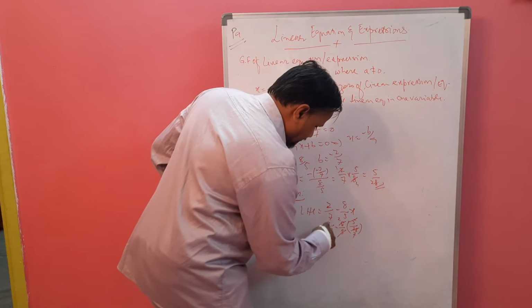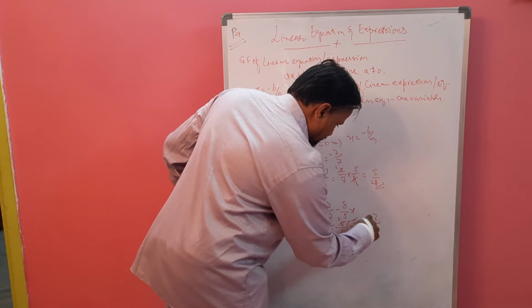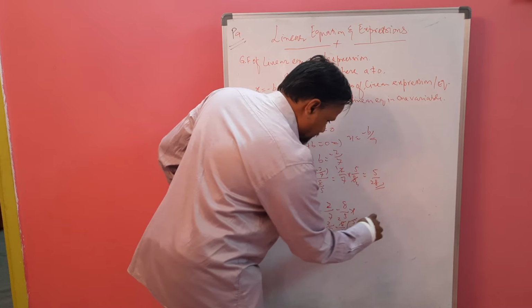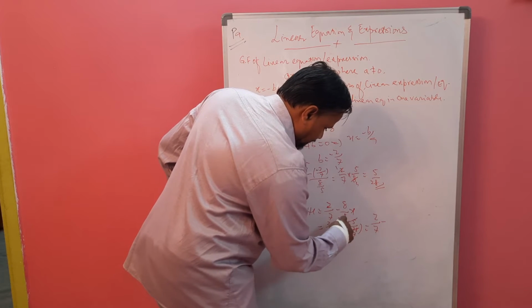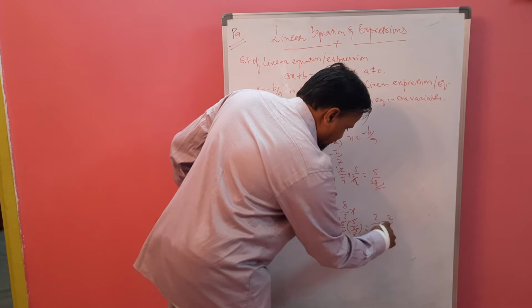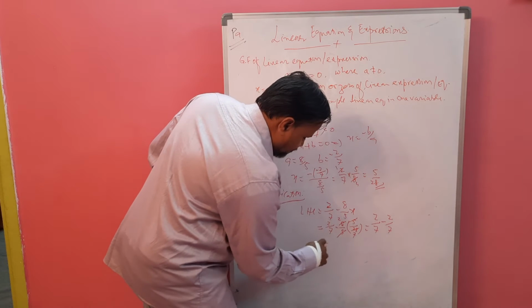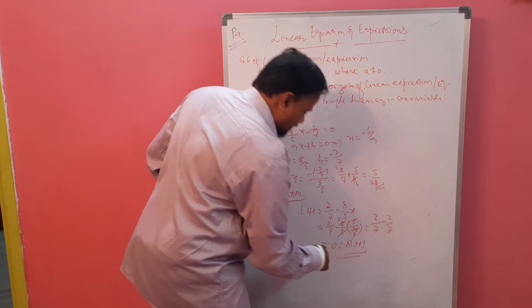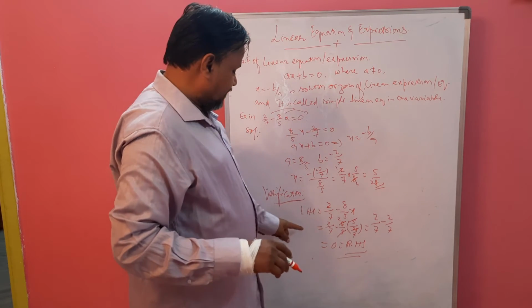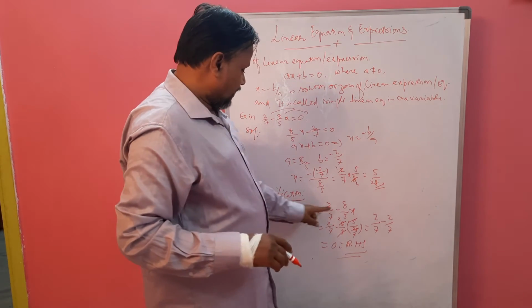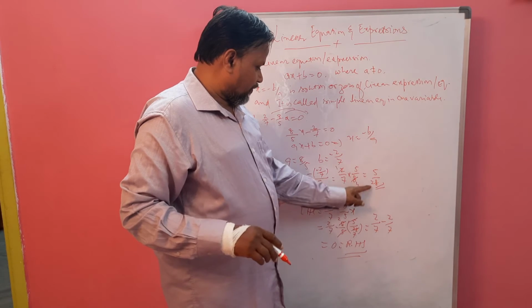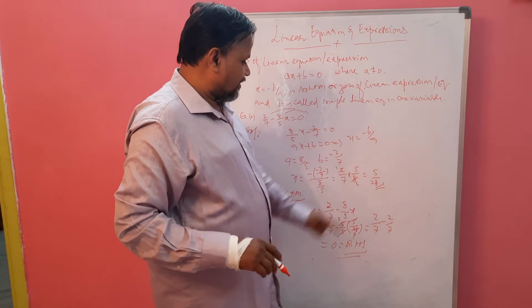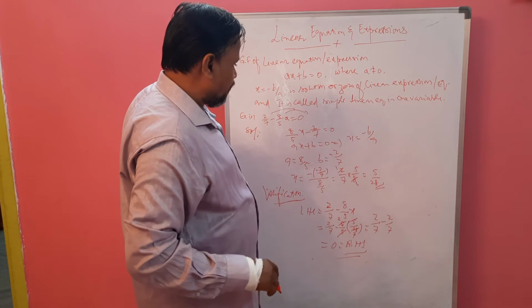Now what will you get here? You will get 2 by 7 minus 2 by 7, which is 0. 0 is the same as the right hand side. Hence we get 0 because the x value is 5 by 28. That's why this is a correct answer, or 0 of the polynomial.